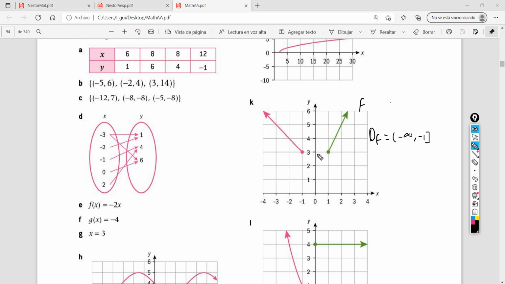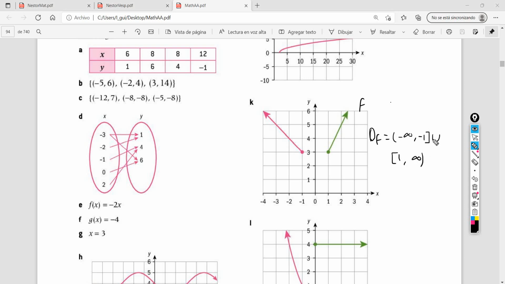You have no function over this part, so this should not be included in the domain, because you have no function here for these values of x. There is no corresponding value of y. And then from 1 onwards, you start having function again. So the domain of this function should be from minus infinity to minus 1, including, union from 1 to infinity, like so.